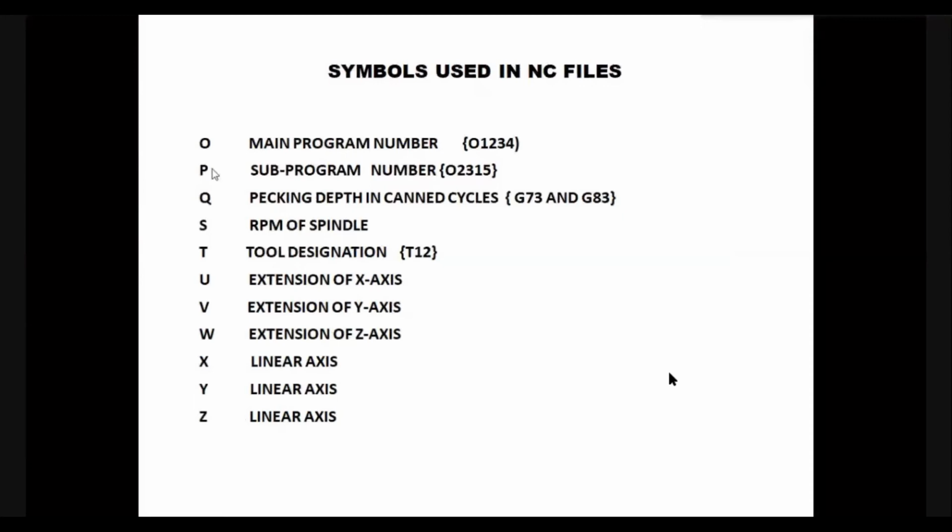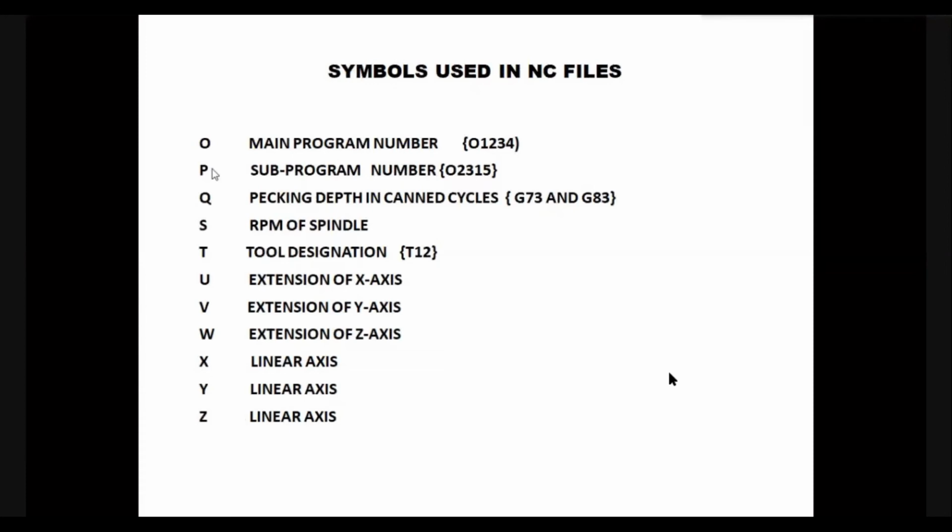So we have to maintain a logbook of the main program number and the drawing number of the component for which that program stands. And once you enter the drawing number in the line of this program, O1234, you can directly press the directory DIR plus key on the machine for each main program number.